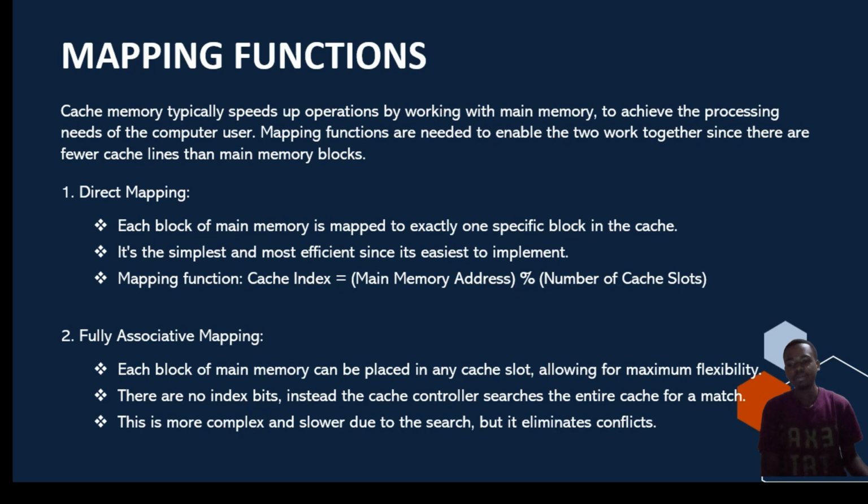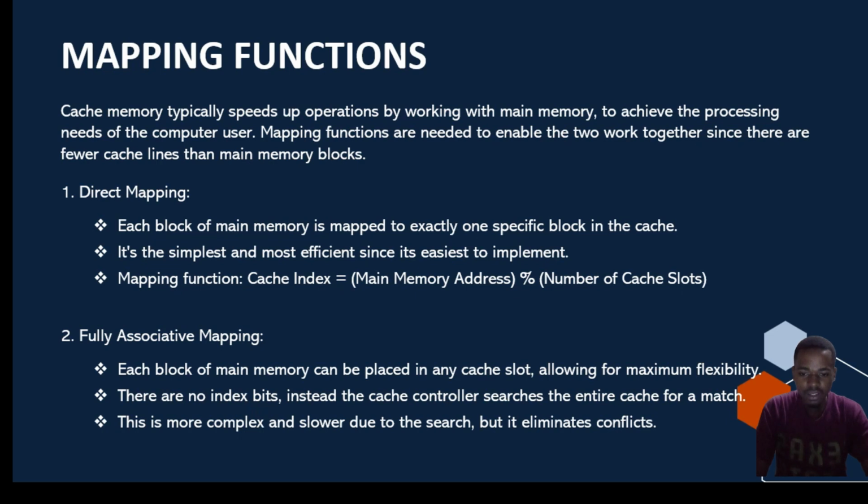So starting with direct mapping, each block of main memory is mapped to exactly one specific block in cache. Also, it's the simplest and most efficient since it's easiest to implement. And that's its mapping function. Cache index represents the index where the data is stored in the cache.